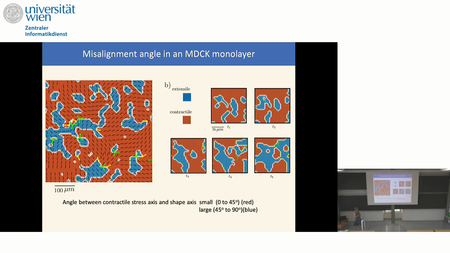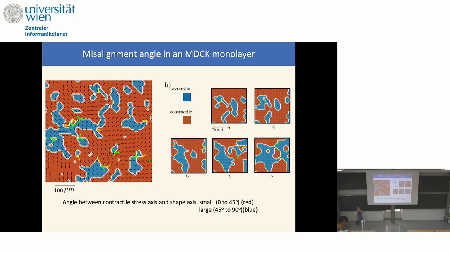So what I'm plotting here is a region of this MDCK cell layer. In the red regions, the cells have a misalignment angle between 0 and 45, okay? And in the blue regions, they have a misalignment angle which is big, between 45 and 90. Typically, this length is 4 or 5 cells across.